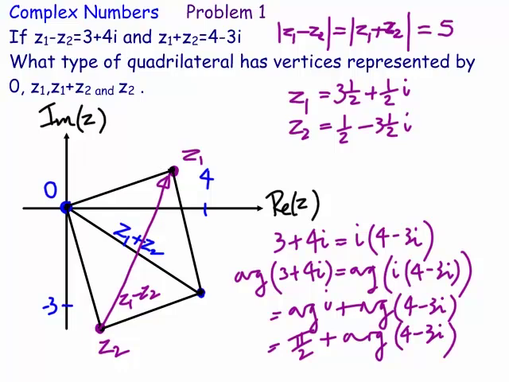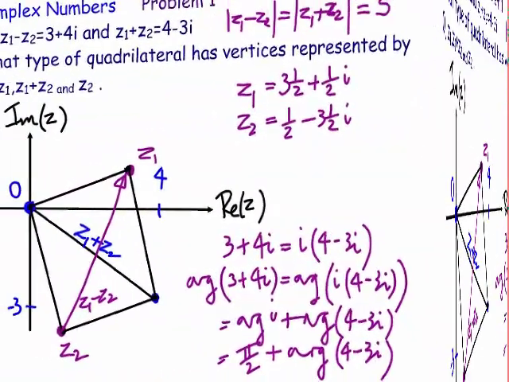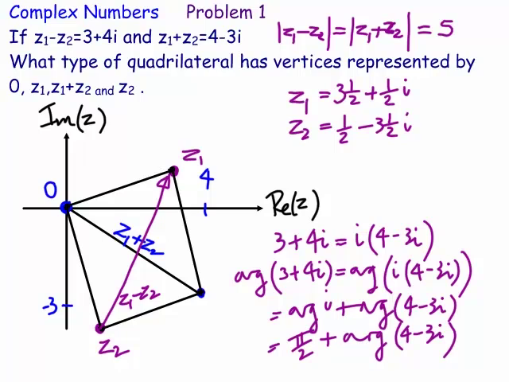So you can see here that for z1 minus z2, if I add pi on 2 to the argument, I'll get 4 minus 3i. Let's grab this vector and rotate it 90 degrees.